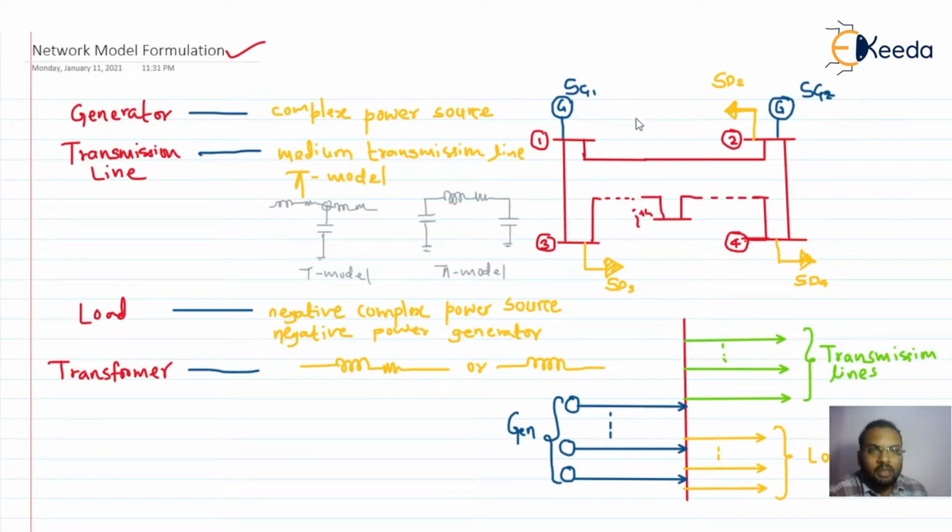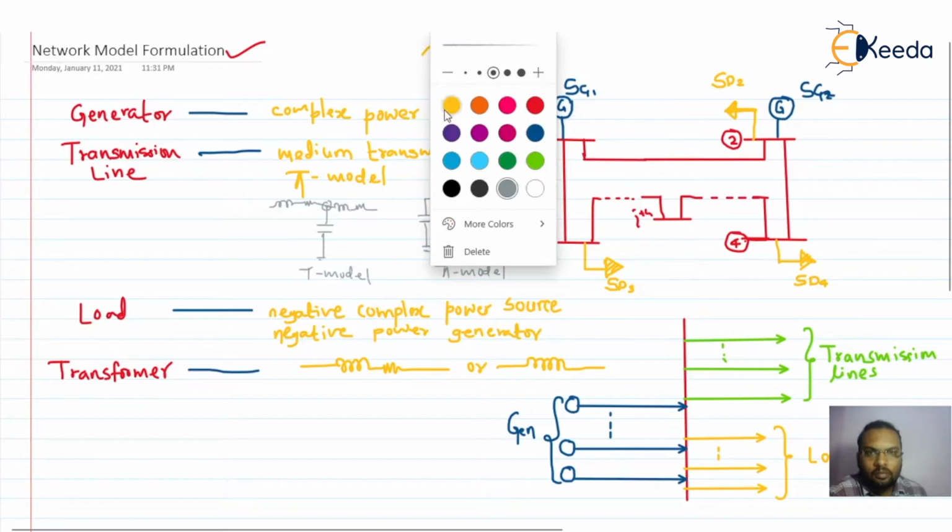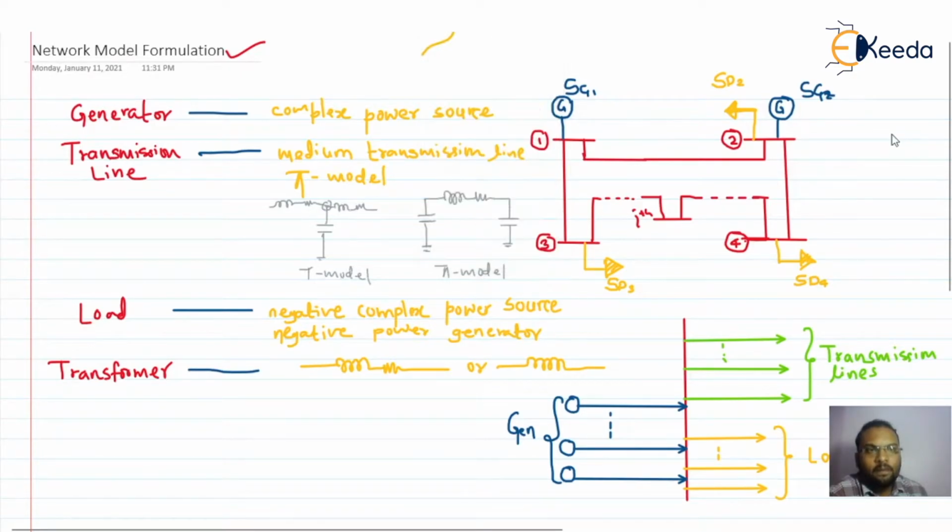Now, a simple power system, for example, I have given here in this figure. This power system comprises n number of buses. This is bus 1, this is bus 2, this is bus 3, this is bus 4, and suppose this is bus n. In between, some number of buses and other equipments may be connected.